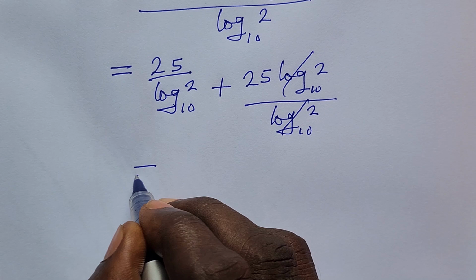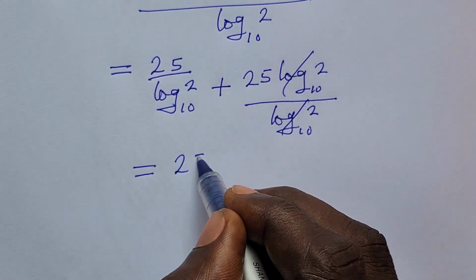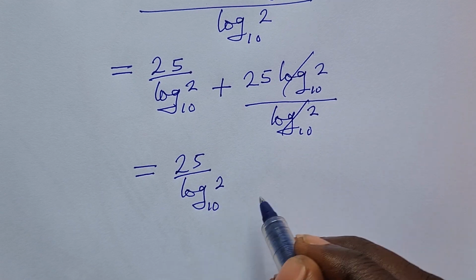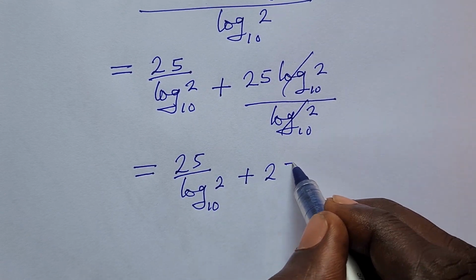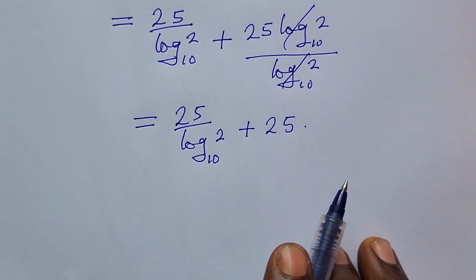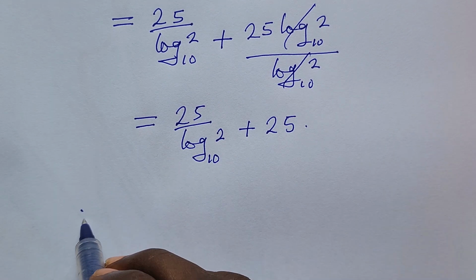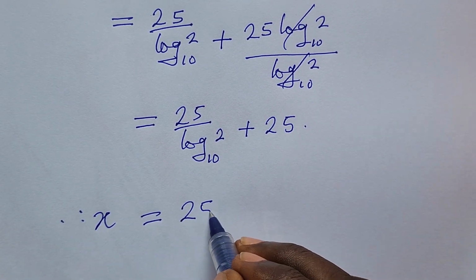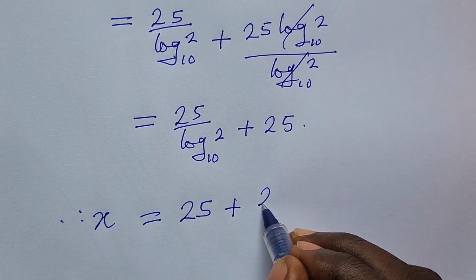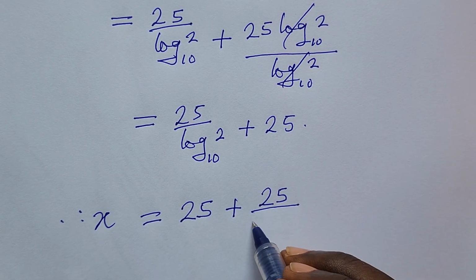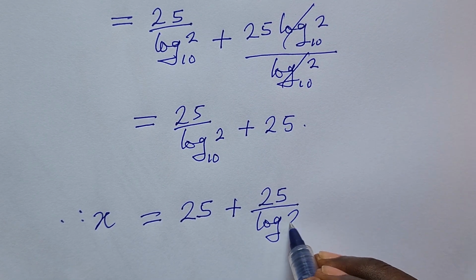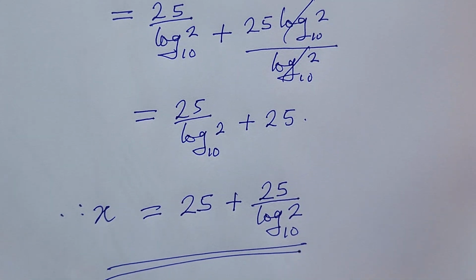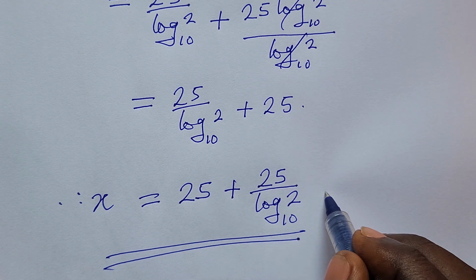So we will now have 25 all over log 2 base 10 plus 25. Therefore, our x will now be equal to 25 plus 25 all over log 2 base 10. So this is the value of our x.